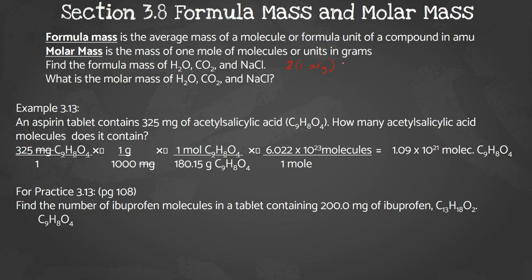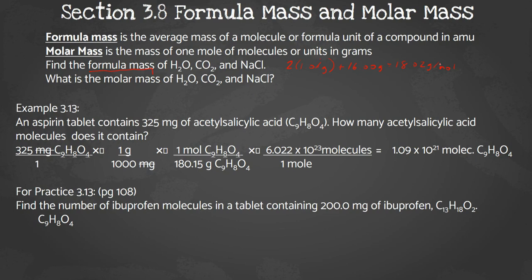Plus, we have our 1 oxygen, which is 16.00 grams. Should be grams per mole. Sorry about that. And so when we add them up, we're going to get 18.02 grams per mole.